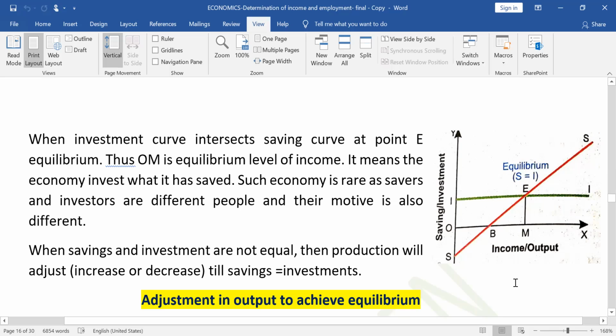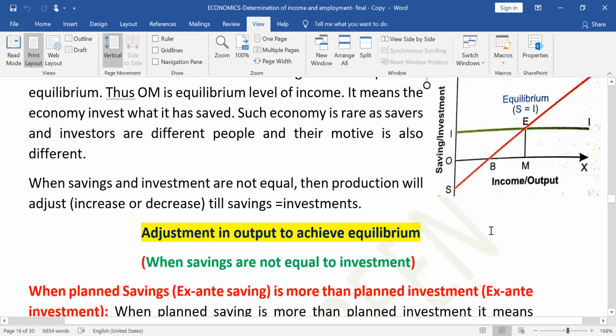Now, what happens if investment is more than saving? If you see this side to the left of point E, investment is more and saving is less. How does the adjustment take place when investment is more than saving? We say investment is more than saving means aggregate demand is more than aggregate supply.